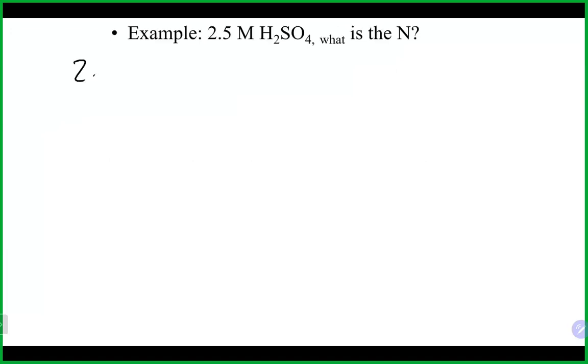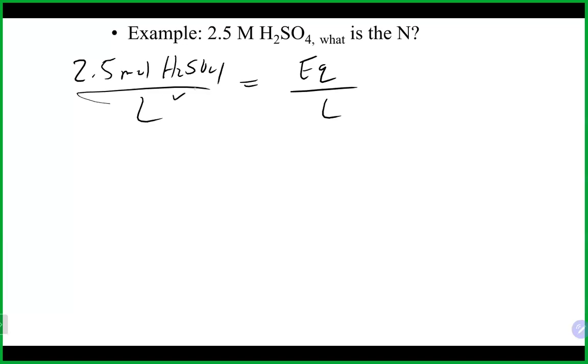So let's take a look at one here. What is the normality of a 2.5 molar sulfuric acid solution? Because it's 2.5 molar sulfuric acid, we know we have 2.5 moles of sulfuric acid per liter. We want to go to equivalents per liter, which means the bottom part's fine.